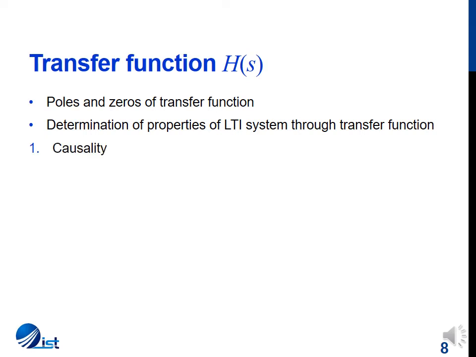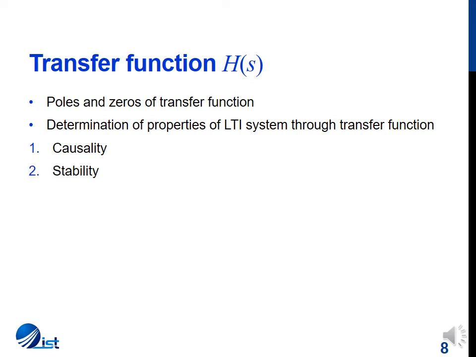For instance, causality. We saw that for a causal system, the ROC is towards the right of the outermost pole, given the order of the numerator is less than or equal to the order of the denominator, that is, a proper fraction. So if the ROC is outside the outermost pole, then it's a causal function.